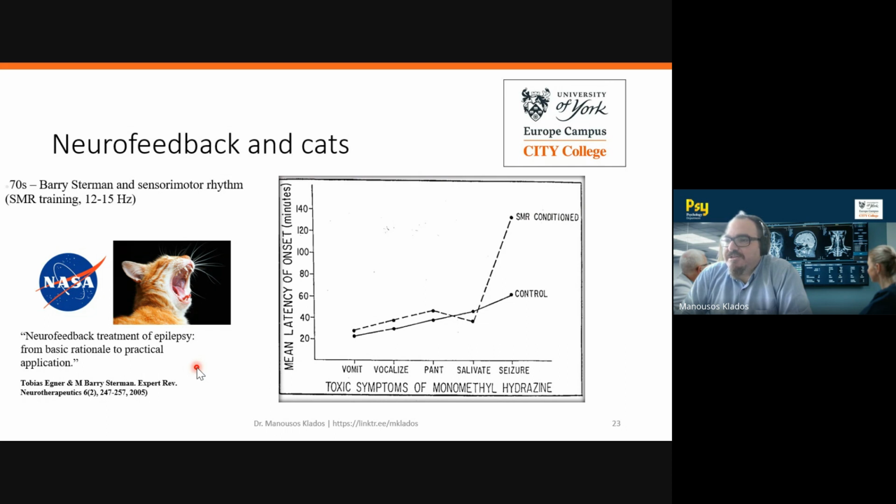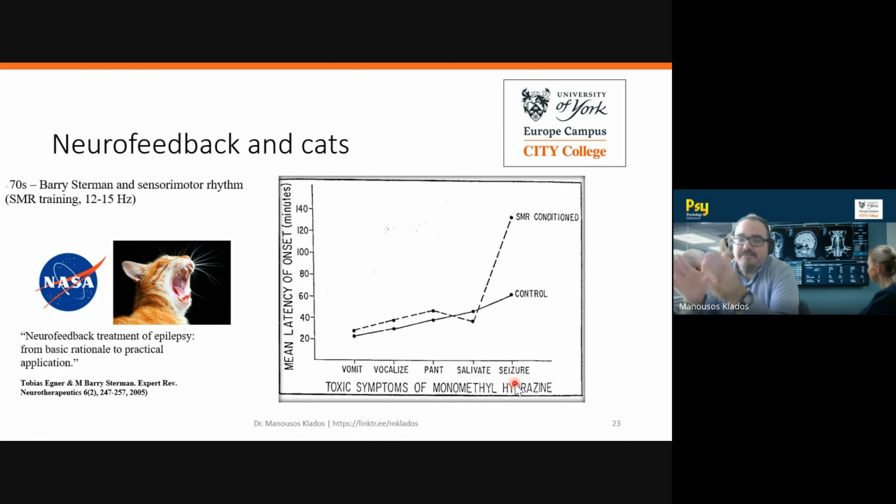The story was that back then, when they went to space, the rockets used a fuel called monomethylhydrazine, and this caused seizures in the crew of the spacecraft. Back then, they also sent some animals to space to see how they performed, how their physiology was in a low gravity environment.